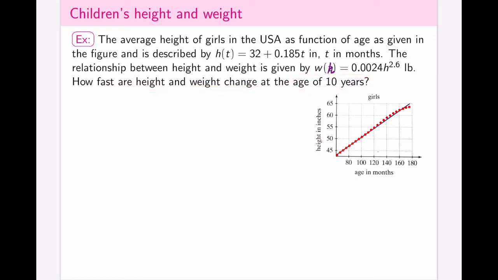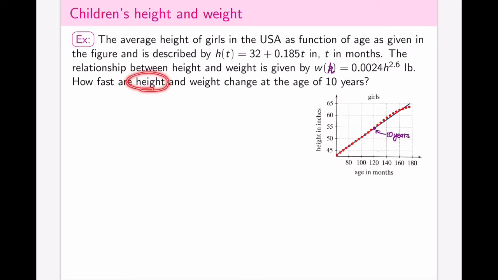So at 10 years, we have this point right here. This represents 10 years, and we're wondering at that point, how fast are the height and the weight changing with time?